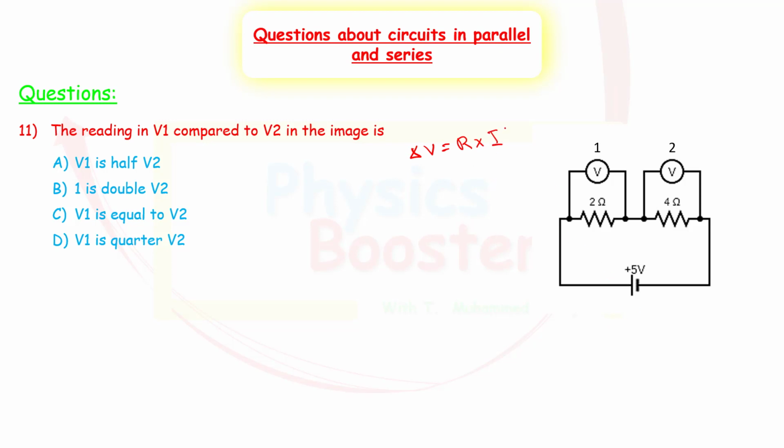So let's just call it I. For the first reading of the voltmeter, V1, it's going to be R multiplied by I. R is equal to 2 multiplied by I, which is the current. V2 is going to be equal to R multiplied by I, which is equal to 4 ohms, multiplied by the current. So it's clear that the potential difference V2 is double V1, or we can say that V1 is half of V2.